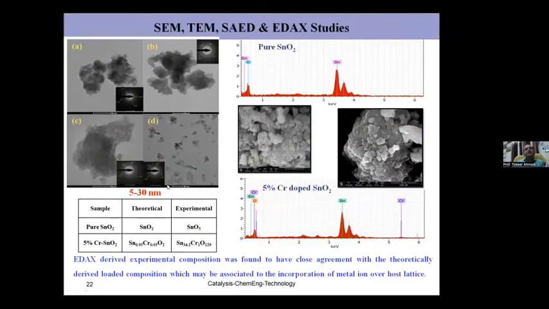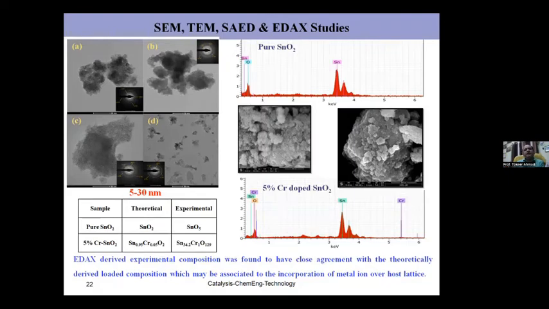So these are the basic characterization using TEM, SEM, selected area electron diffraction, and energy dispersive analysis of X-ray studies, which show the nanophase formation of chromium doped SnO2 nanoparticles.